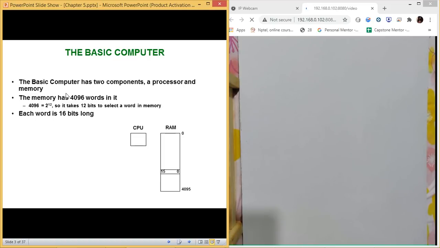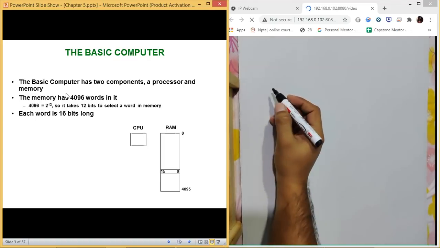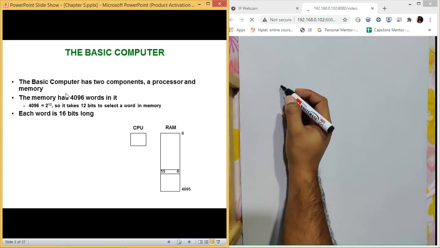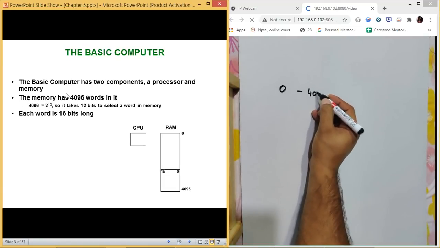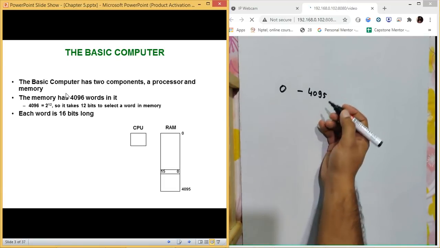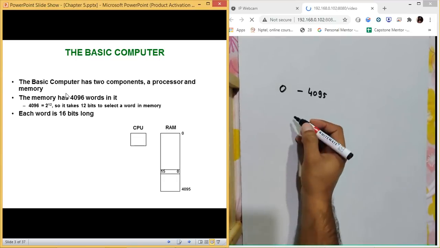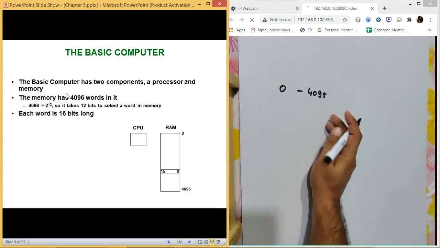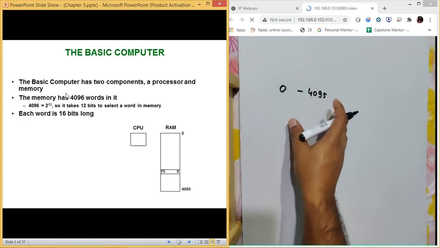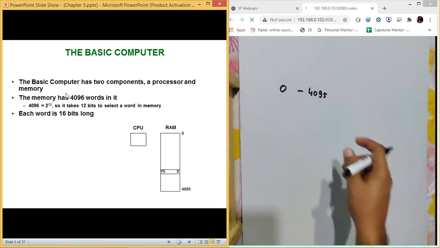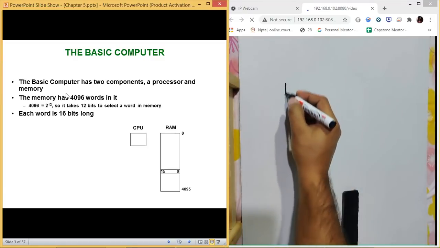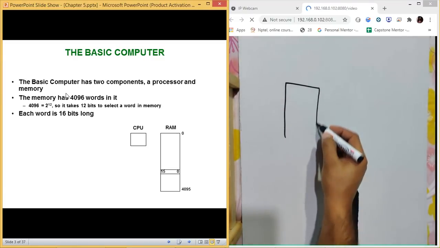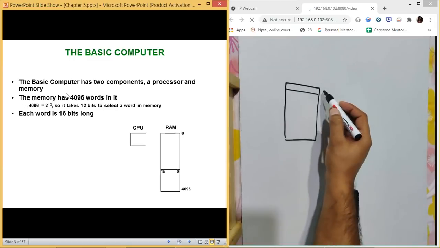In this computer, we have one RAM which has storage from 0 to 4095, which comes out to be 4096 words in total. In this memory, one word is 16 bits long.